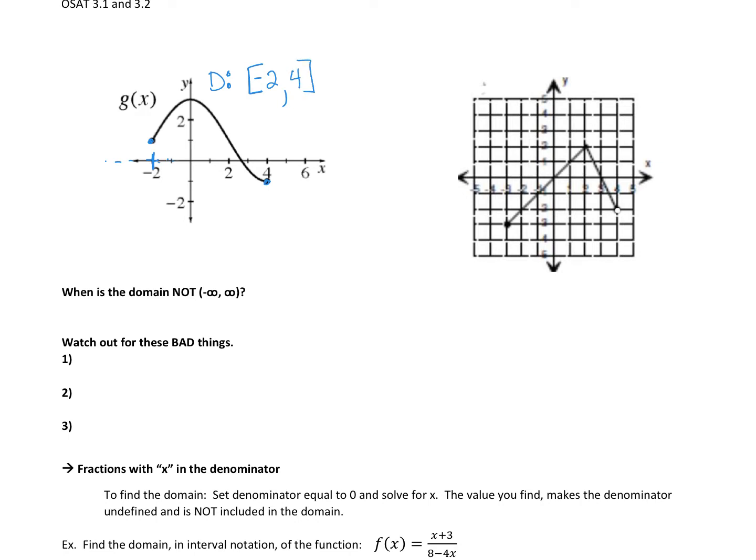So we're going to have function values all along here, but once we get to 4, we're going to stop. Our range, on the other hand, when we're looking at the y-axis, the first time we have anything is when y is -1, and we're going to stop when we get up here, which is 3.